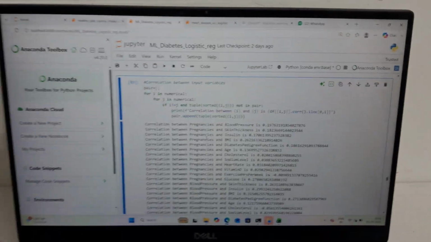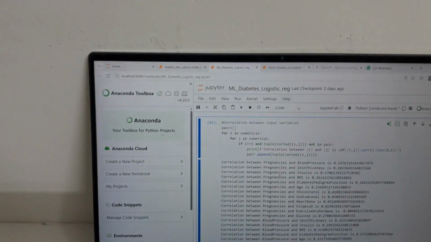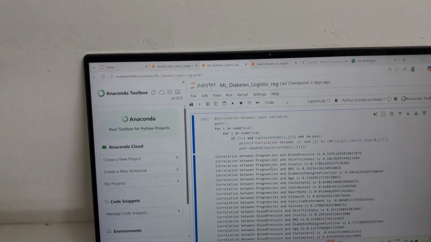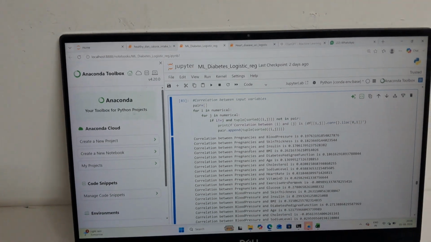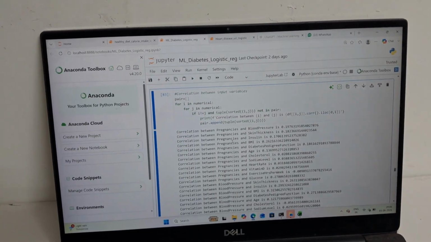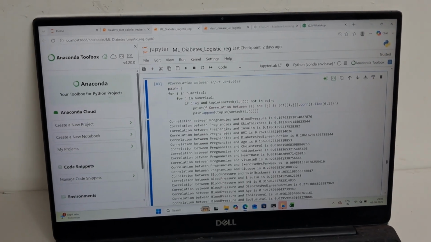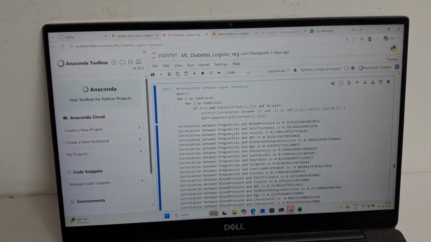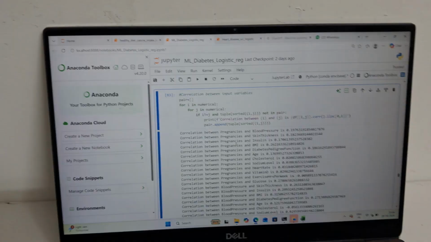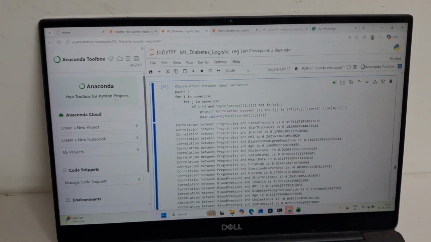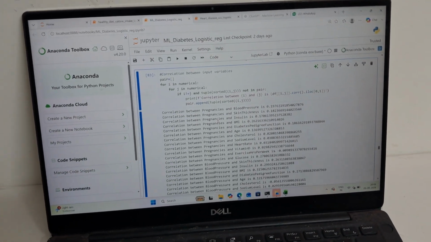If minus is there, for example, for two input columns if the correlation is minus 0.9, 0.9 is highly related. Minus 0.9 means inversely proportional. If one input column increases, the other input column decreases. In that way it is related, inversely proportional.